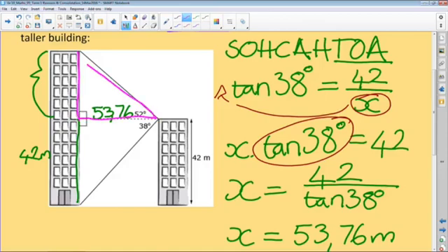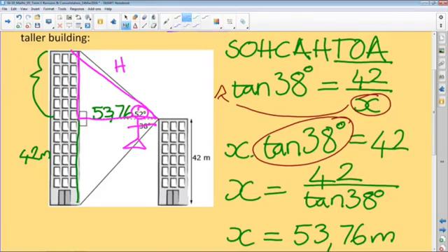It has an angle of 52 degrees, so I'm going to draw little Helen over there, and a length of 53,76. I need to find out what this length is. Let's call it A, just because. Here's my hypotenuse. No, let's not call it A, because then it gets confusing.